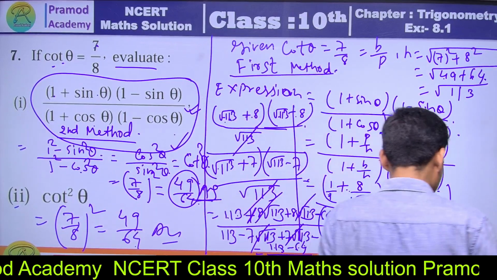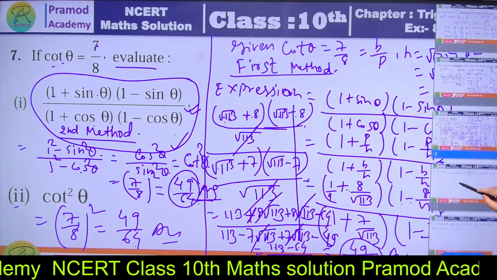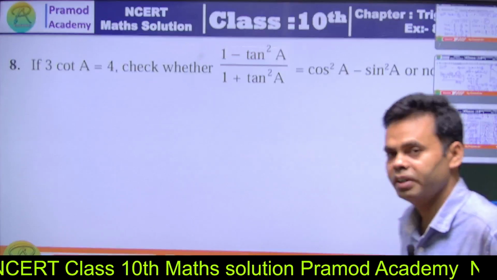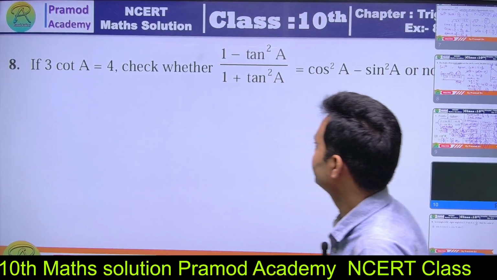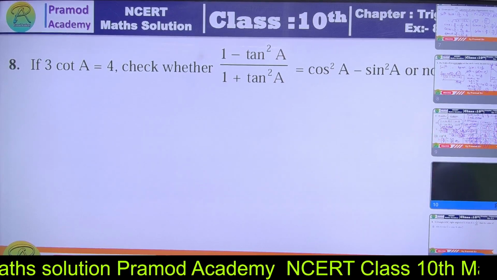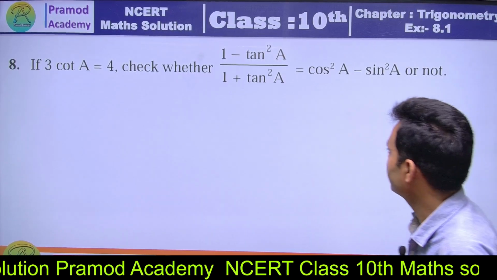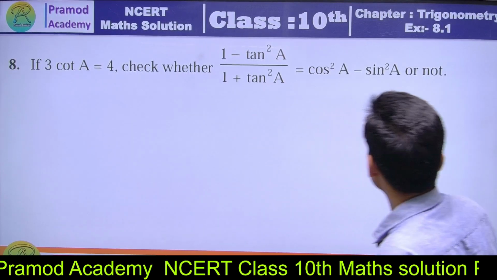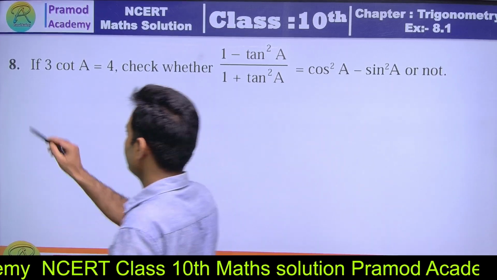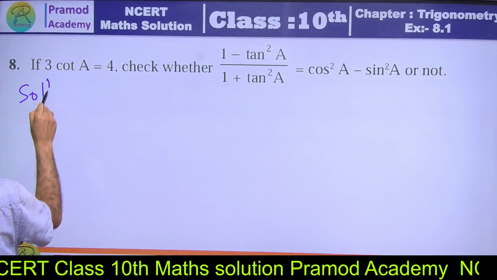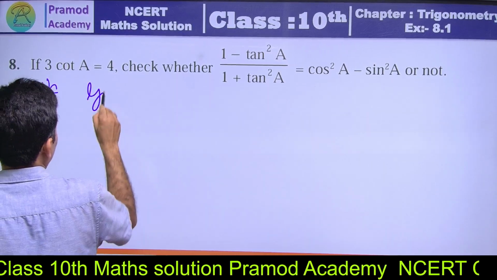So question number 8. What is the question number 8? It is, if 3 cot A equal to 4, check whether 1 minus tan square A by 1 plus tan square A equal to cos square A minus sin square A or not. So first of all, I will write the value which is given.